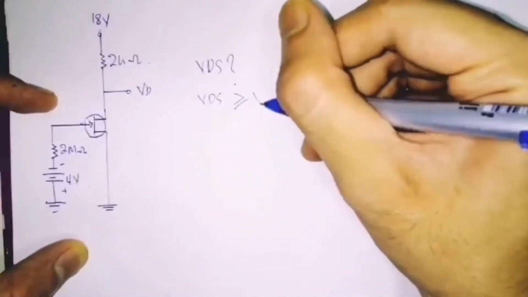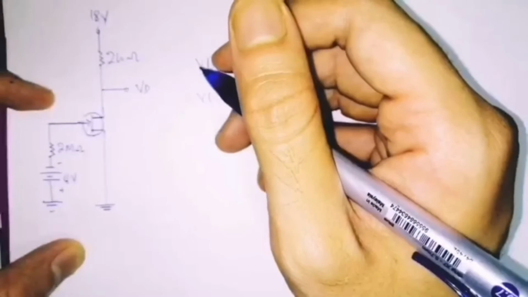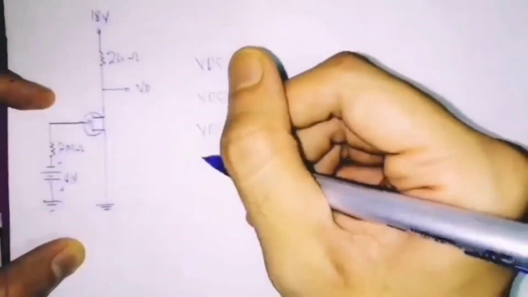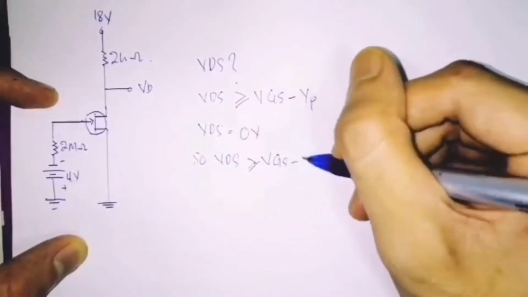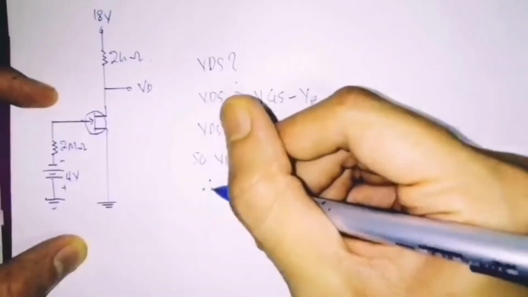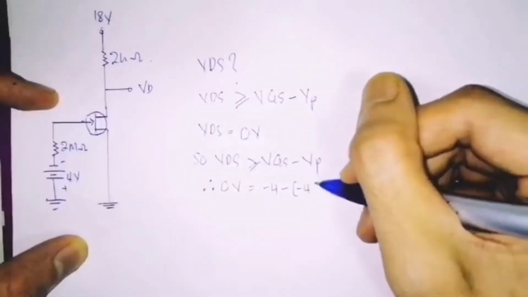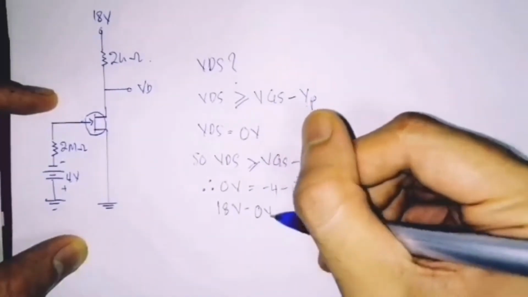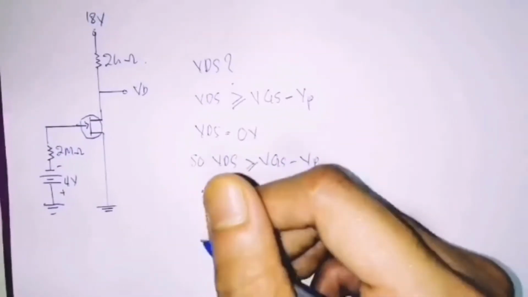Okay, how to find the VDS? VDS is equal to VDD minus ID times RD plus RS. We know that ID equal to 0, so VDS is equal to 18 volt.